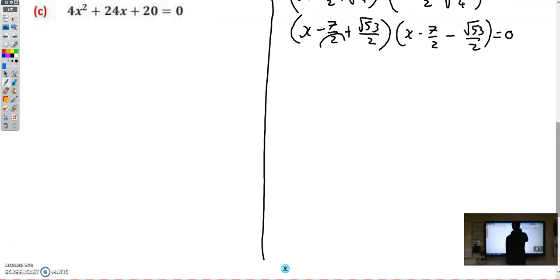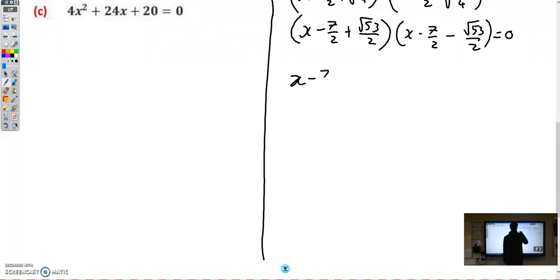I'm going to collect. We have 2 as a common denominator. Actually, I'll do that after I've made these equal to 0.